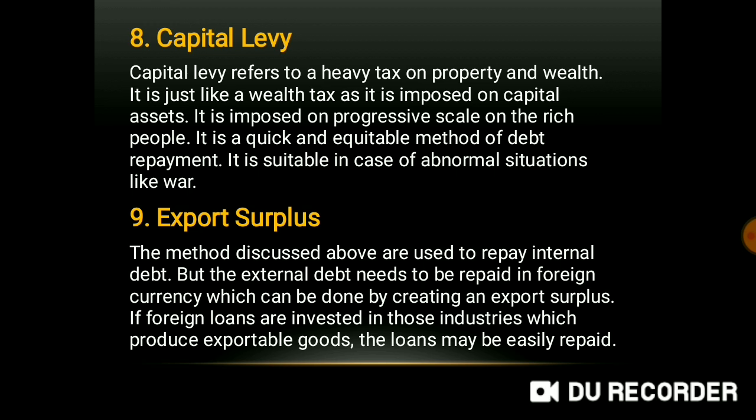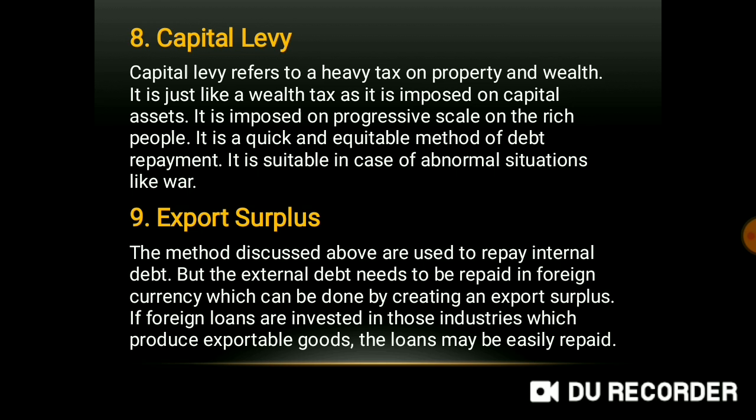The eighth method is the capital levy. Capital levy refers to the imposition of heavy taxes on the wealth and the property of the rich people of the society. It is just like a wealth tax as it is imposed on the capital assets of the rich people. It is imposed on the progressive scale on the rich people.